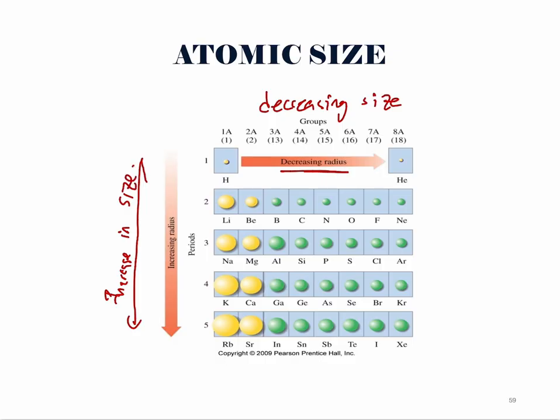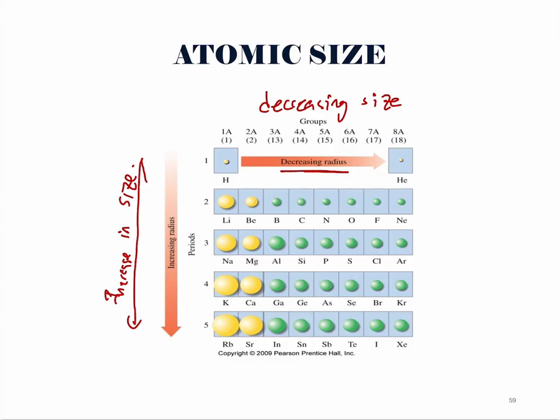The reason that we decrease in size is because as we're going across from left to right, from column to column, we have the same relative size for the atomic shell. What does that mean? That principal energy level gives us the energy shell of the electrons on the outermost shell. The outermost shell is basically the size limit of our atom.